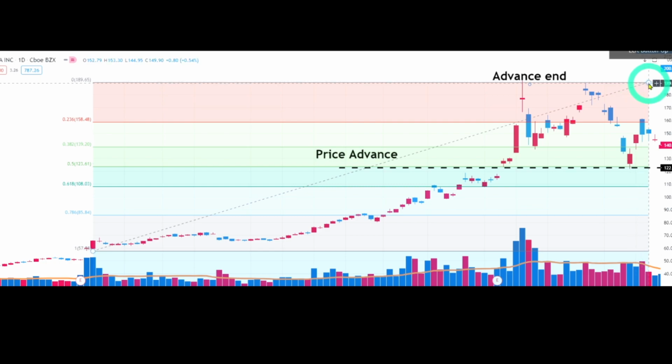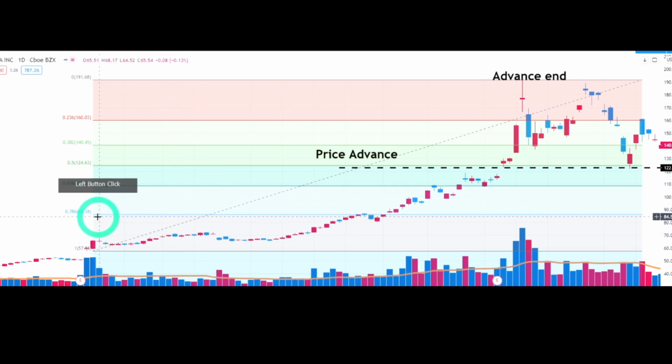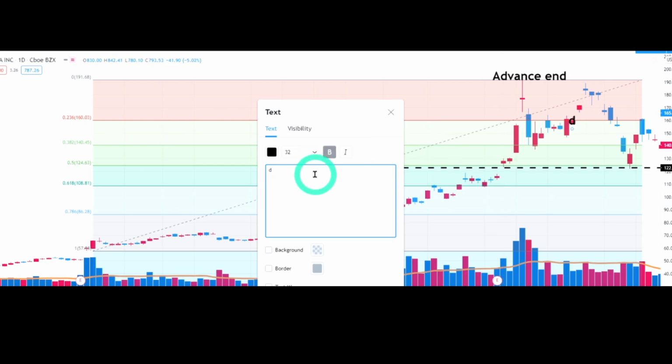The difference between Fibonacci retracements and Fibonacci extensions. While Fibonacci retracements apply percentages to a pullback, Fibonacci extensions apply percentages to a move in the moving direction.